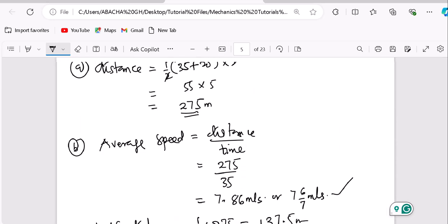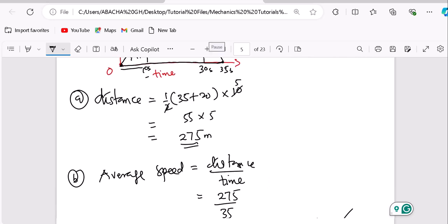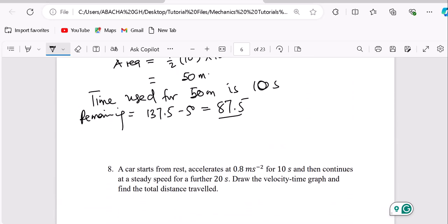From the graph it is constant. It is just 10 throughout the whole place. So we are going to use that to calculate the time. The time is equal to the distance, 87.5, over the speed, which is 10.